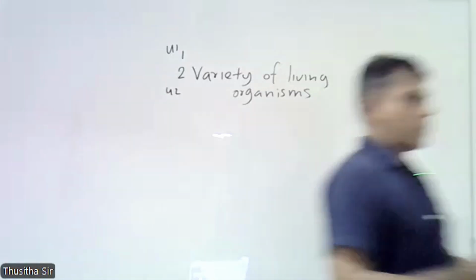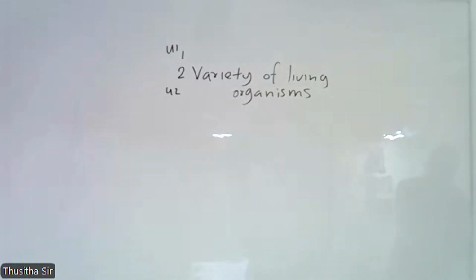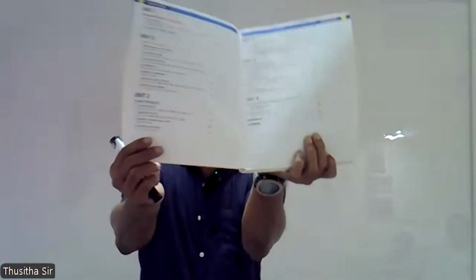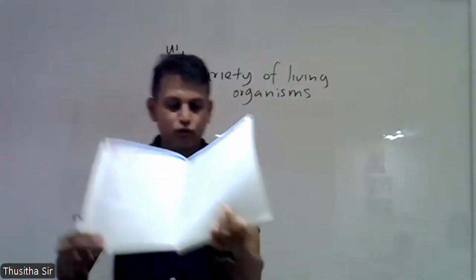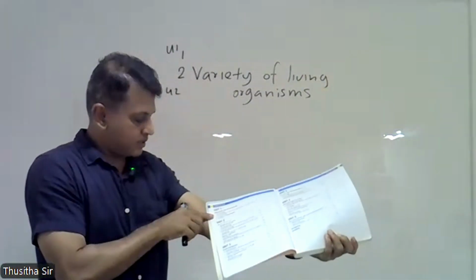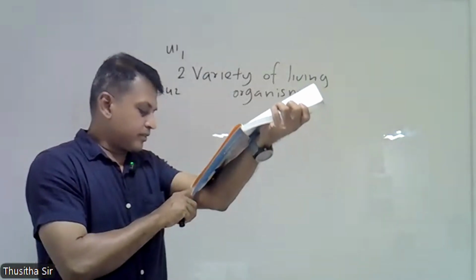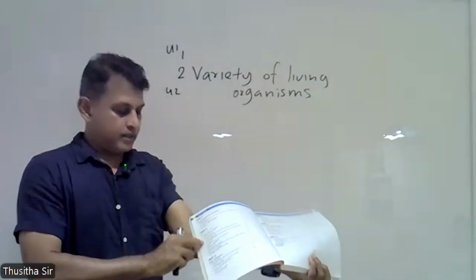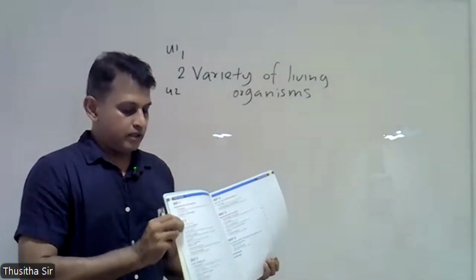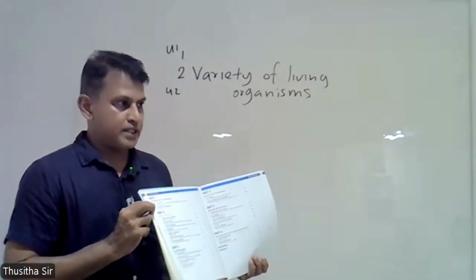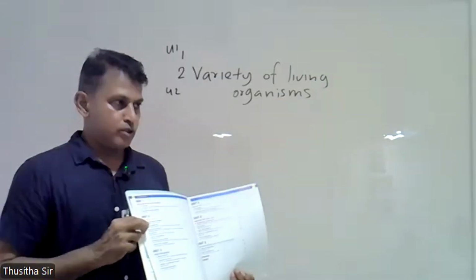Can I have a book, then I will explain. You see here in the textbook, unit 1 has 2 lessons, and unit 2 has around 7 lessons. We covered the first lesson and now we are doing the second lesson.